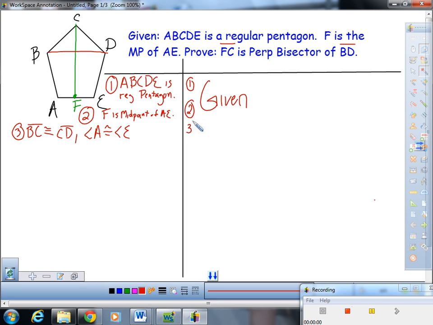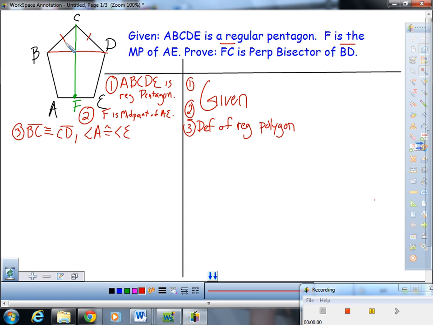And what's my reason for that? Definition of a regular polygon. Okay? So I've shown that right there.